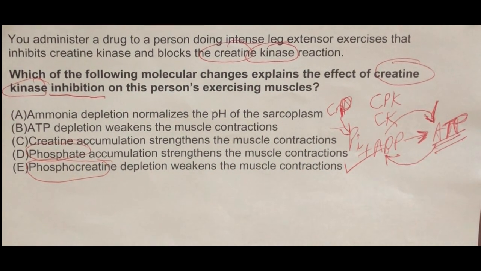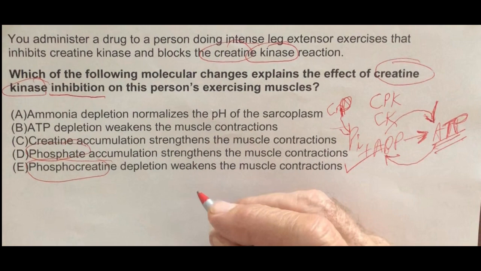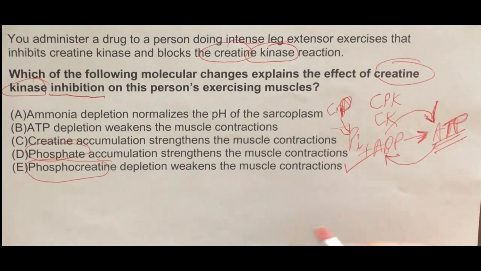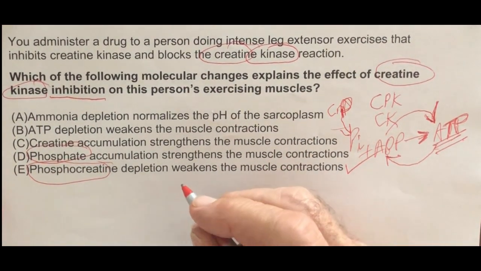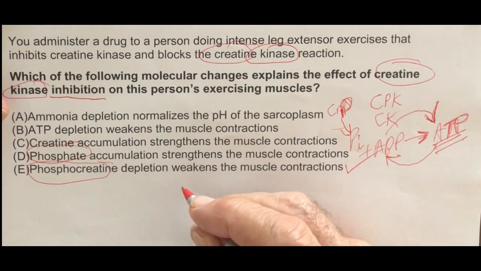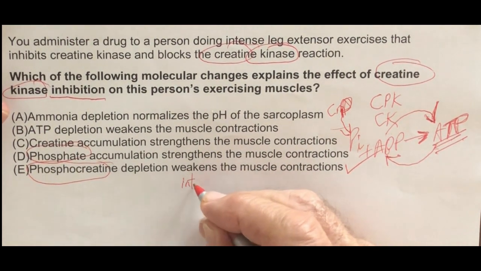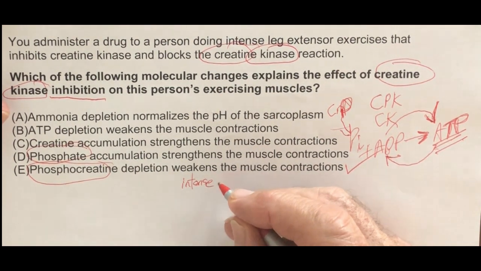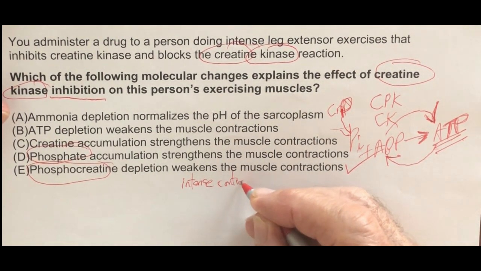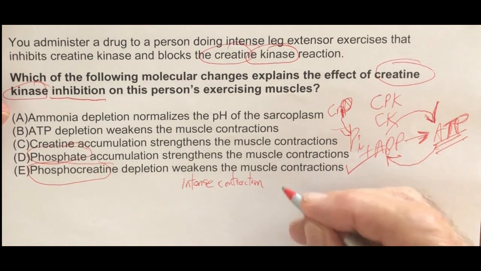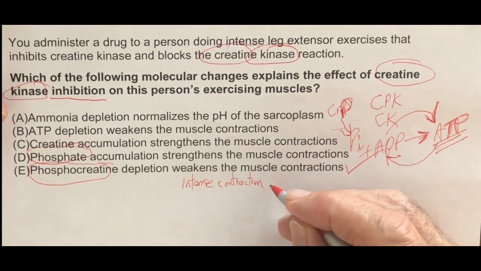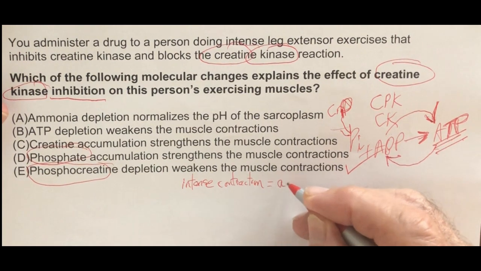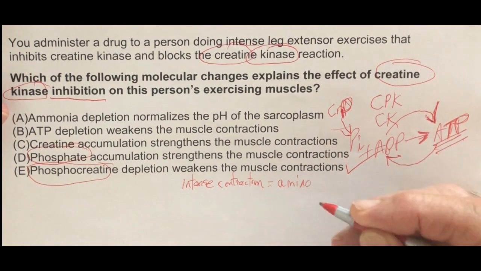A refers to ammonia depletion. So where does ammonia come from in muscle contraction? Well, it turns out when the muscle contraction is intense, like during intense exercise over a long period of time, intense contraction stimulates a reaction called the aminohydrolase reaction in muscles.